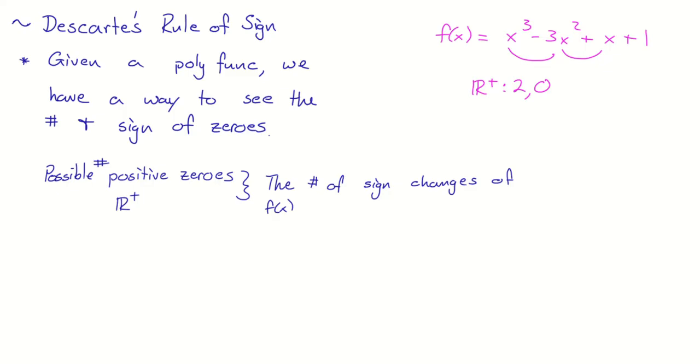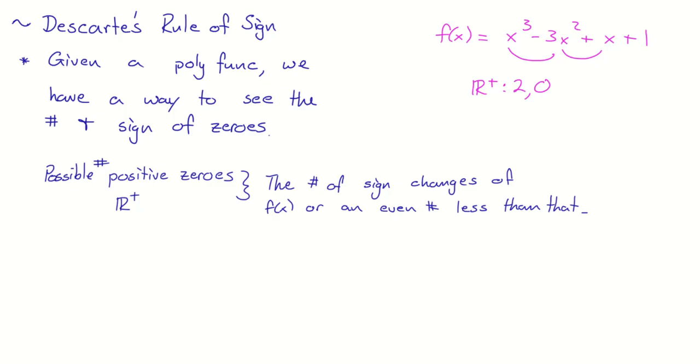Can I write that? Or an even number less than that. And we'll get practice with this because the wording is clunky. Okay. I don't like that one, but that's okay.